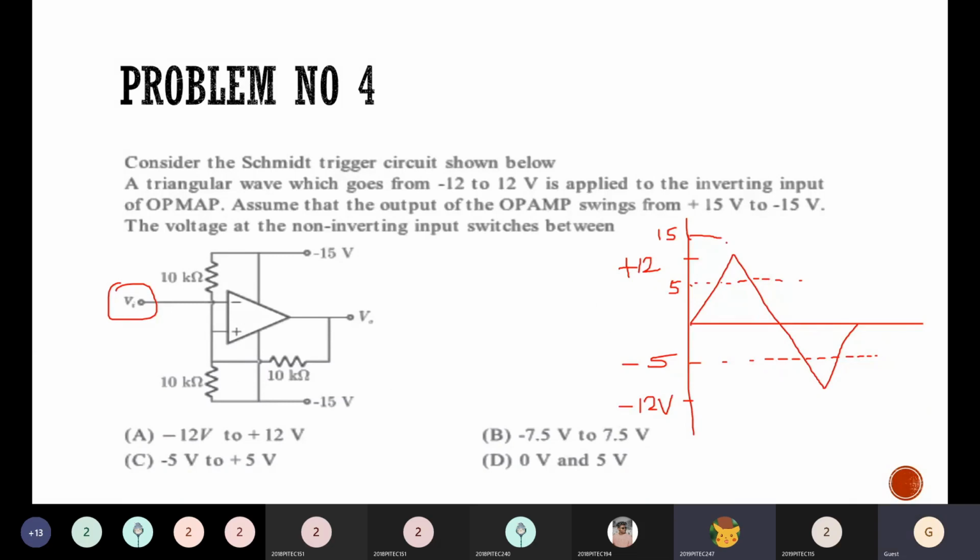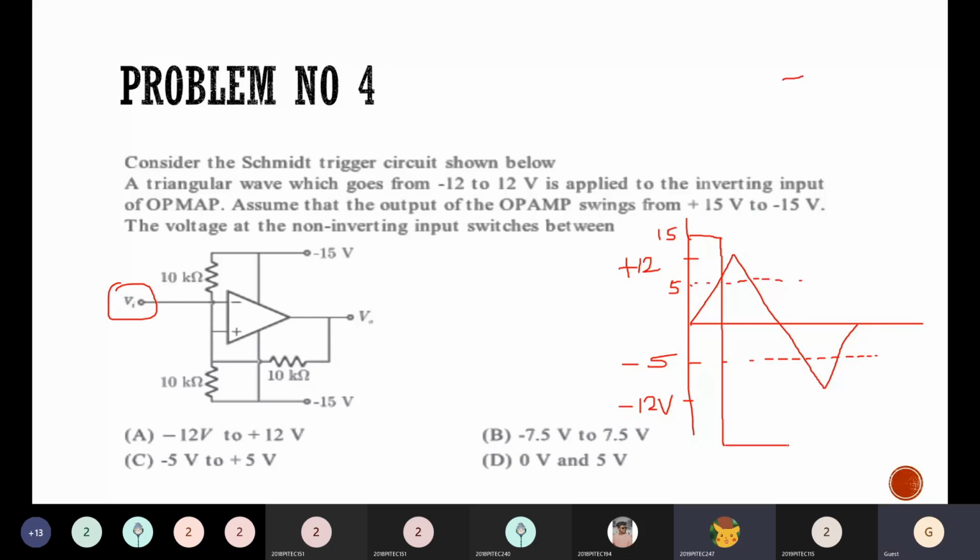At this point, it will go to minus Vsat. And your reference voltage changes to minus 5 volts now. So when your input is compared with minus 5 volts, this input is always greater, and therefore it will remain at minus 5 volts itself, right?